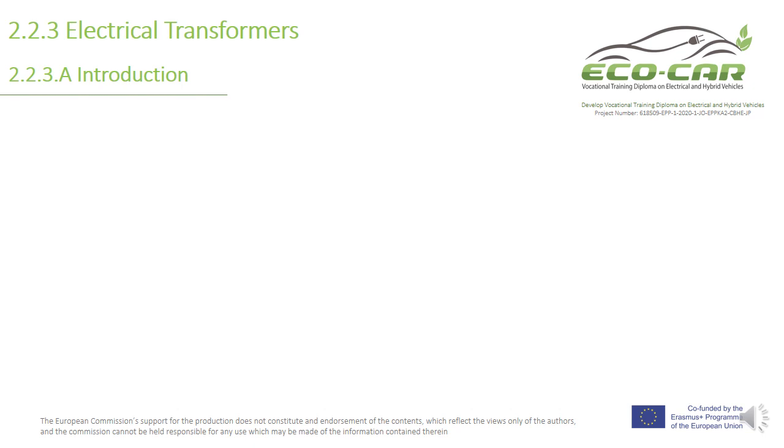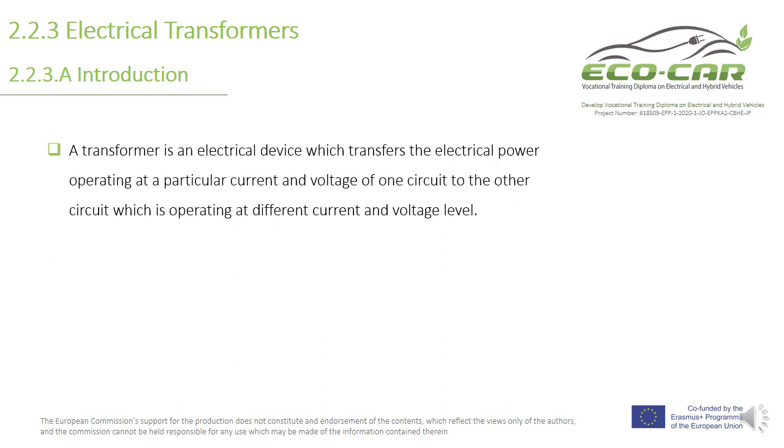Introduction about electrical transformers. A transformer is an electrical device which transfers the electrical power operating at a particular current and voltage of one circuit to the other circuit, which is operating at different current and voltage levels.